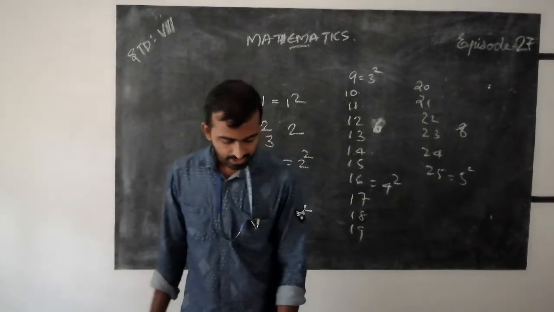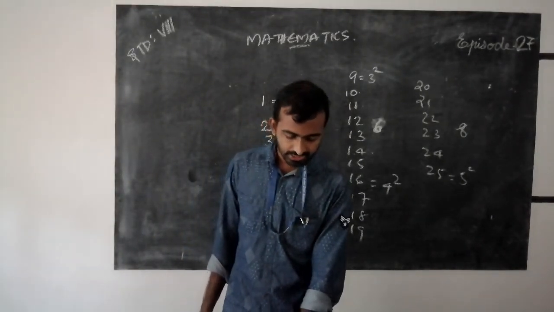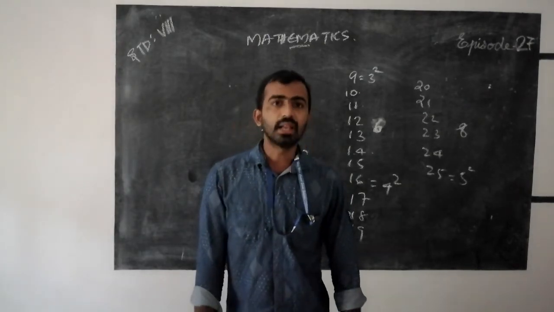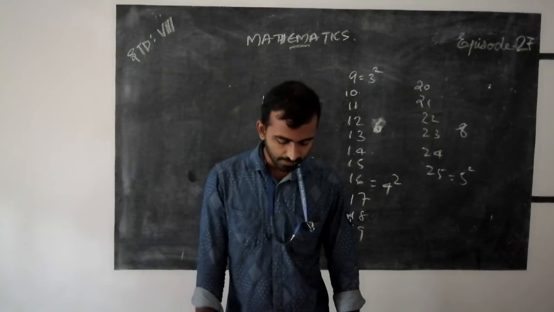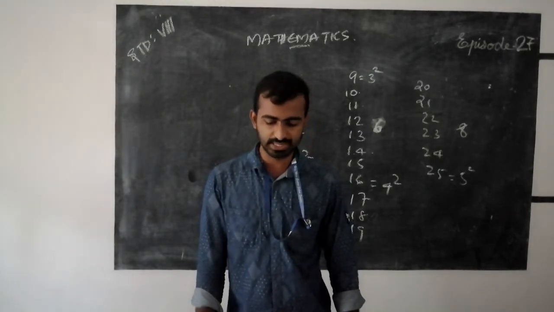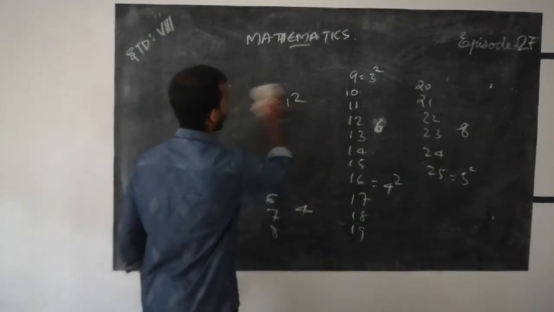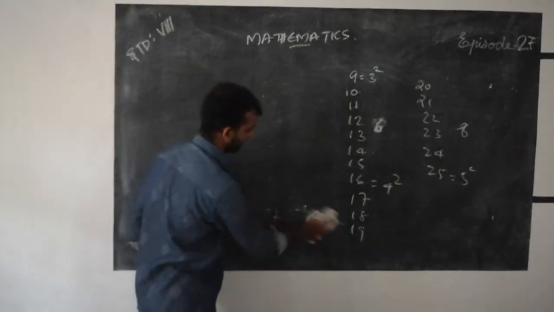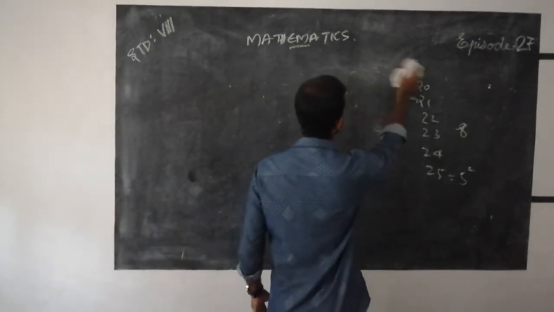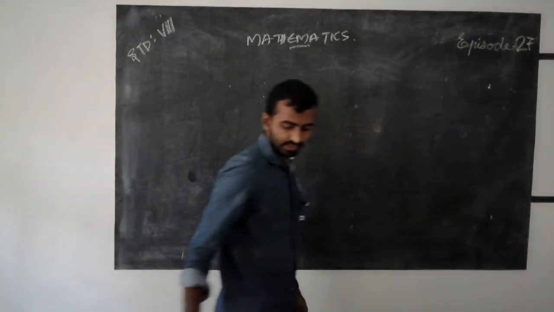That is, in general we can say that for any natural number n and n plus 1, (n plus 1) square minus n square, we get 2n plus 1. Is it? That is for natural numbers.